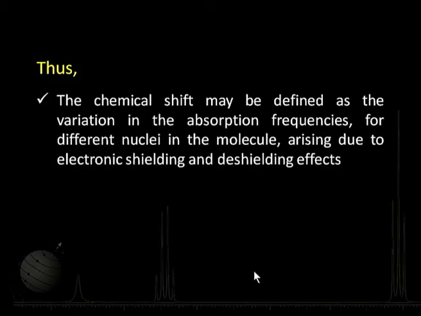Thus, we can say that the chemical shift may be defined as the variation in absorption frequencies for different nuclei in the molecule, arising due to the electronic shielding and de-shielding effects. That is one way of putting chemical shift into perspective.